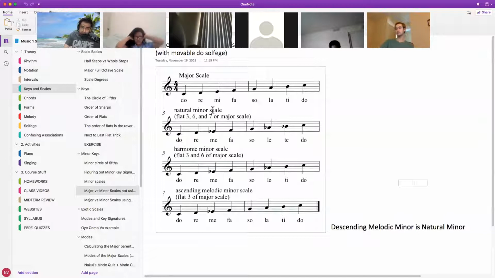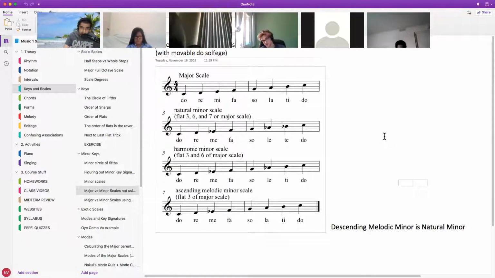If you flat the 3, the 6, and the 7, what scale are we talking about? Natural minor. Natural minor. If we flat the 3 and the 6, what scale are we talking about? Harmonic minor. Harmonic minor. Great. If we flat just the 3 relative to major, what are we talking about?